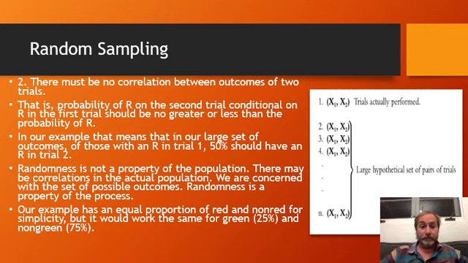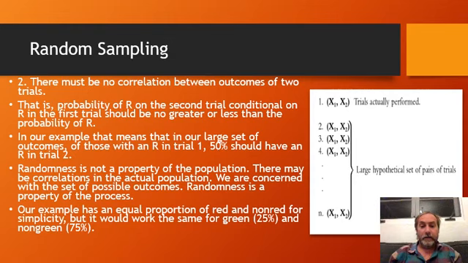It means that of all the sets that have an R for X1, for the first trial, 50% of those should have an R in the second trial. There's no correlation. Half of them turn out red, half of them turn out non-red. Again, over the long term.